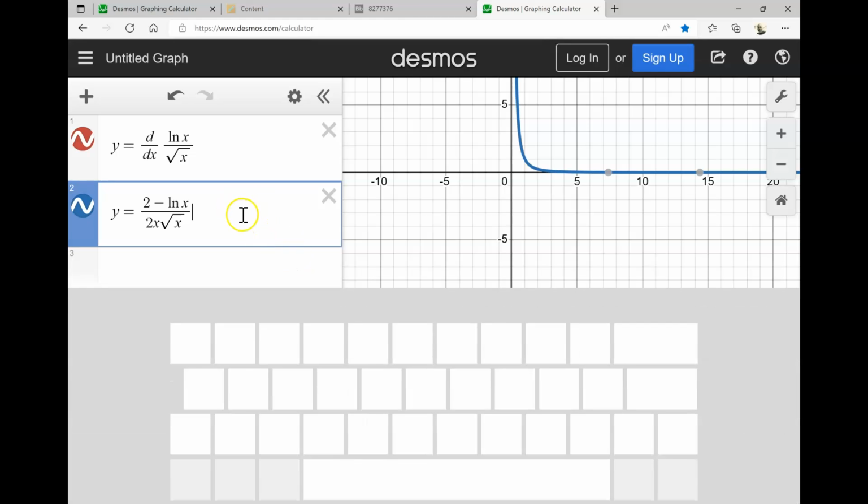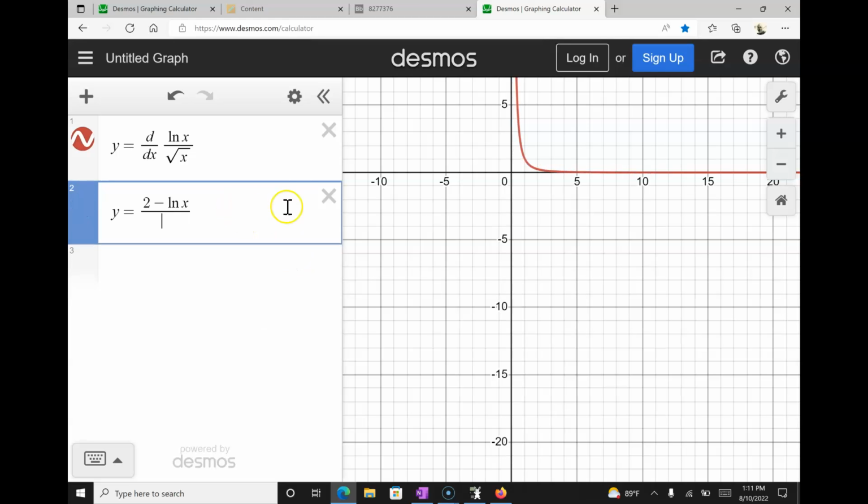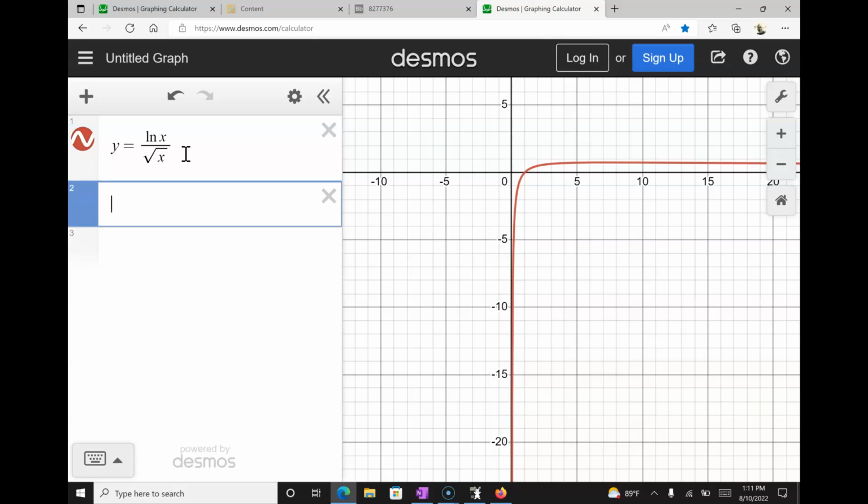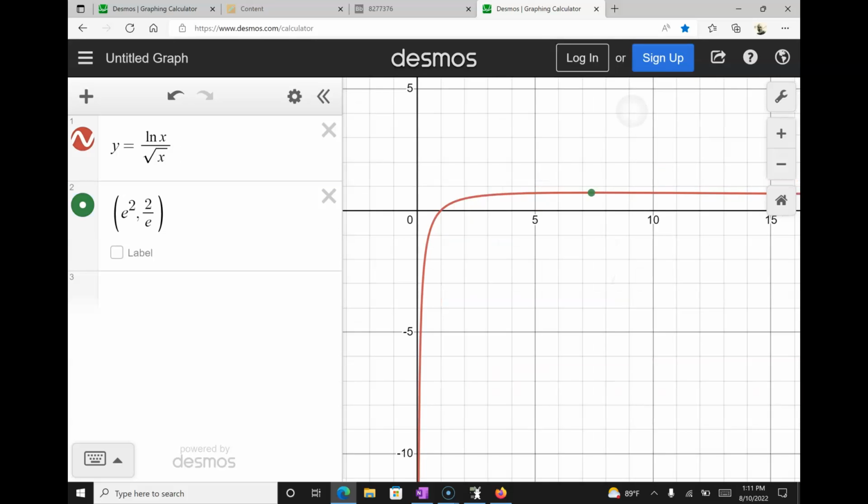So I want to get rid of my derivative here, and I want to plot that 1 point, e squared, comma, 2 over e.